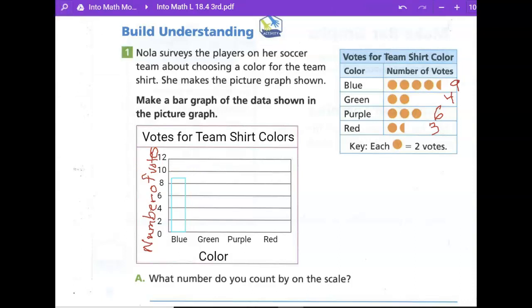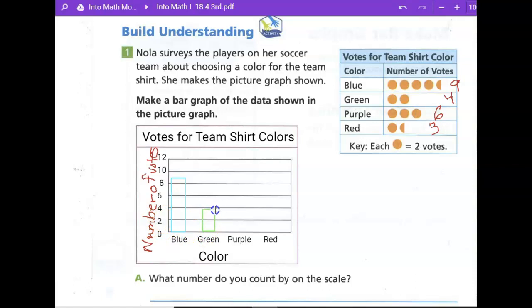Okay, so I have my blue bar on there, and my next one is green, and it has to go to 4. So I'm going to try and do a green one to 4, which there is a line to stop at 4.